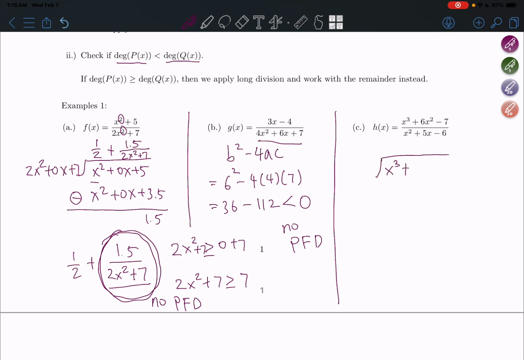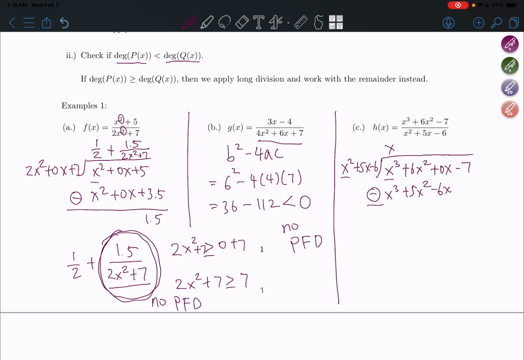x cubed plus 6x squared, put a placeholder, and then x squared plus 5x minus 6. Okay, matching the first term, I need to multiply by x. So distribute, I got x cubed plus 5x squared minus 6x.